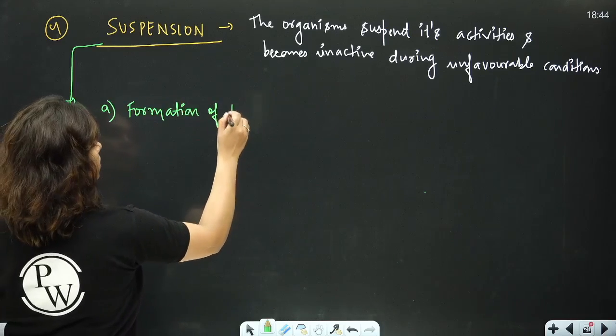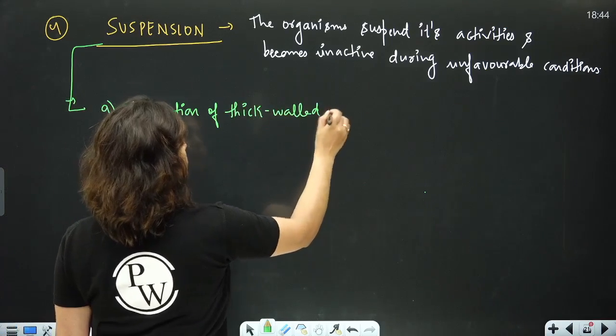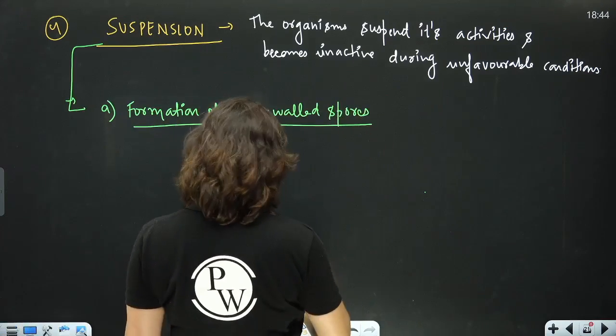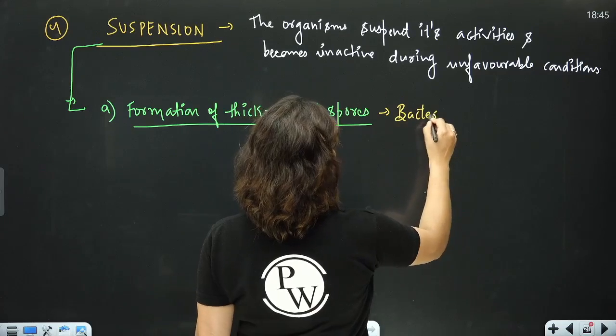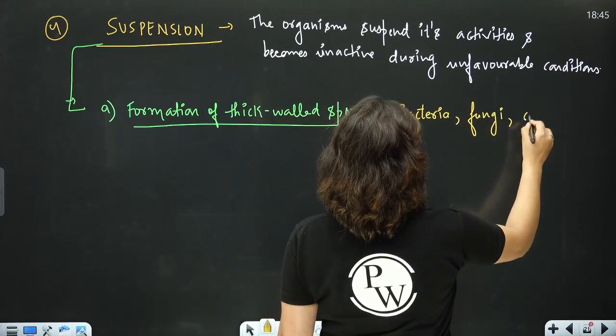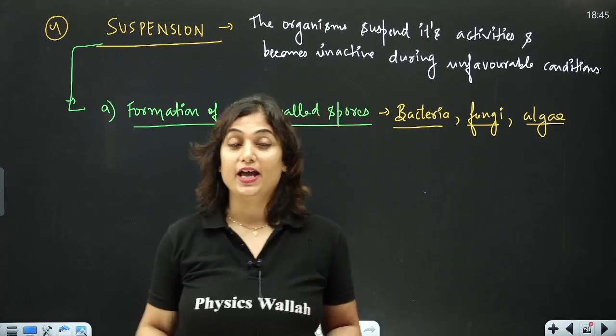Formation of thick-walled spores. And this is seen in case of bacteria, fungi, and algae. So what happens in bacteria, fungi, and algae?